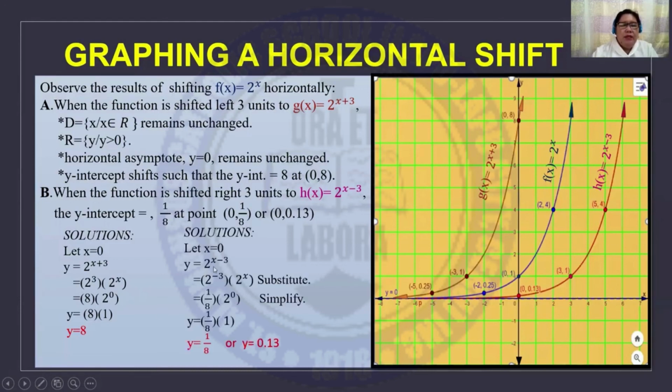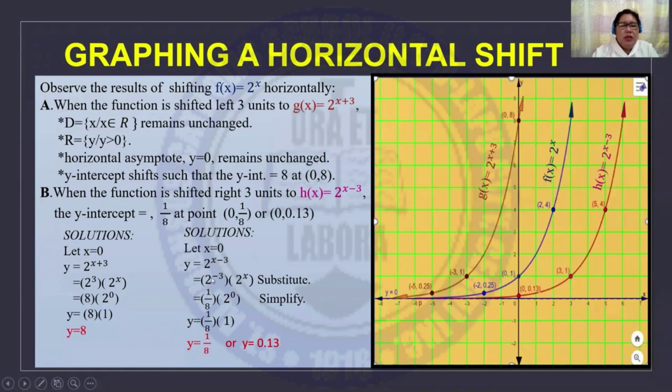And then for the third function with exponent x minus 3, you can simplify the expression, expand this by having 2 to the negative of 3 times 2 raised to x. And change x to 0. So 2 exponent 0 is 1.